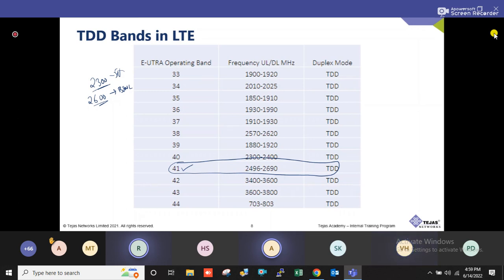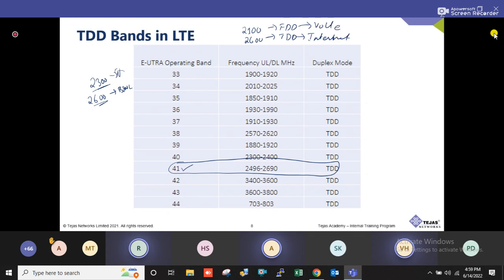Yes. That is why most operators, you can see the example of Jio as well as BSNL. BSNL has the 2100 band in FDD and the 2600 band in TDD. So they might put all the users doing internet services in TDD and push all the VoLTE users to FDD.